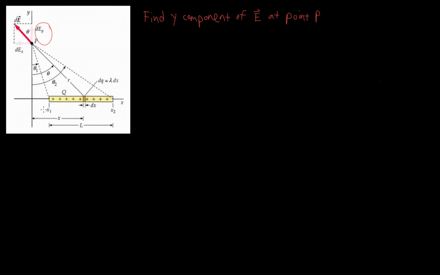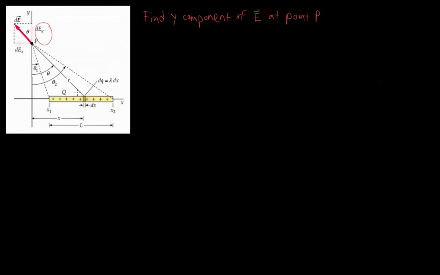And x1 corresponds to the angle theta 1, which is this angle right here, the angle from the y-axis to the angle corresponding to x1, and the angle corresponding to x2 is theta 2 right here.